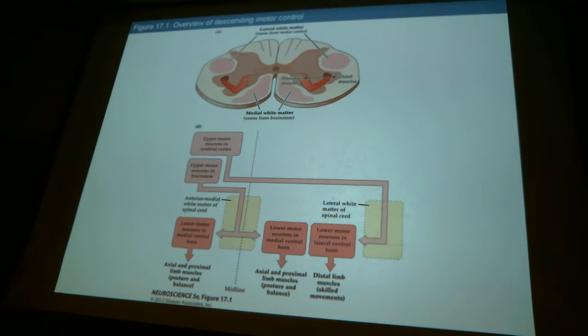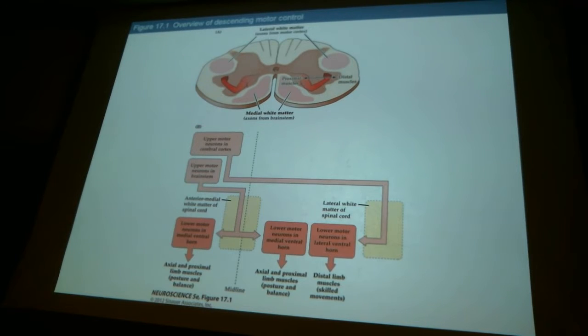So you have this distal to medial mapping, even at this level of the spinal cord. Okay. So you have these upper motor neurons going to that lateral area to control your distal appendages. And the brainstem areas are going to this medial area, which involves your torso.